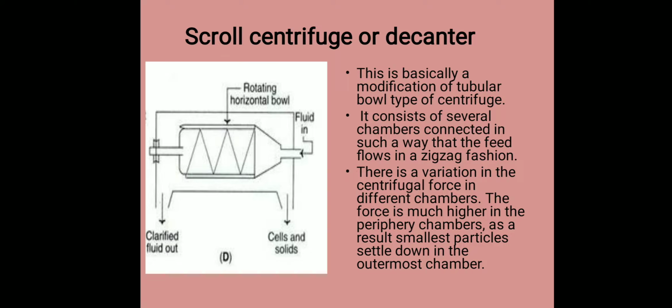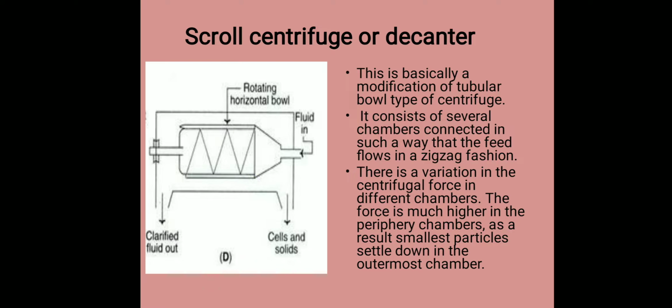Then you have the scroll centrifuge or decanter. This is basically a modification of the tubular bowl type of centrifuge. It consists of several chambers connected in such a way that the feed flows in a zigzag fashion. There is a variation in the centrifugal force in different chambers. The force is much higher in the peripheral chambers.